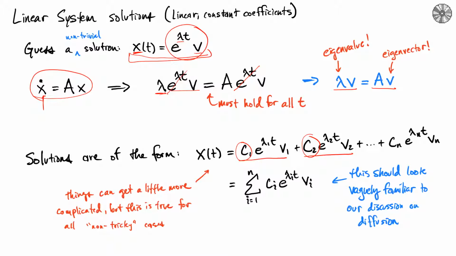And so essentially different amounts of each of these modes, where e to the lambda 1 t represents the eigenvalue contribution and in the direction of v1. And so you're going to add up all of these contributions, and so the solution will generally be written like this. And so we've seen something that looks vaguely like this from diffusion, and even back a little bit further if we think about the eigenvector discussion earlier in the course.